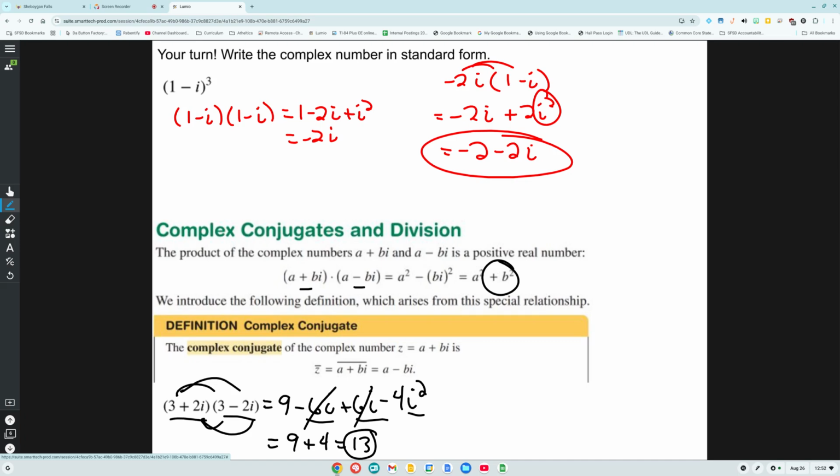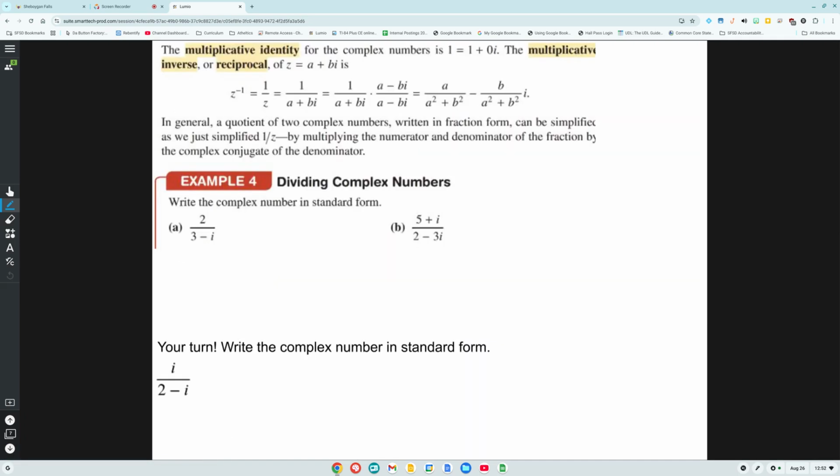Okay. So the reason why we need to know how to do this is because sometimes I might want to take a fraction and rationalize the denominator, or make that denominator real. And that's going to allow us to apply the multiplicative identity. So here we go. The multiplicative identity for the complex numbers is 1, which is equal to 1 plus 0i.